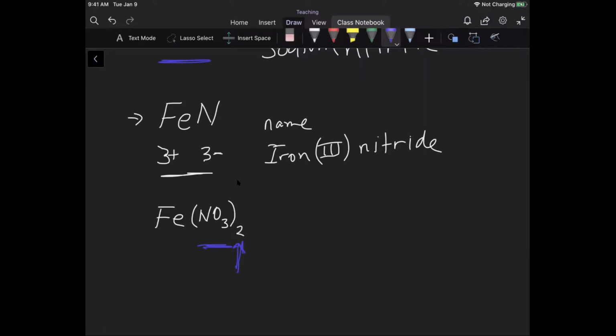So that means -2 is being brought by the anion. So if that's -2, that means our iron has to be +2. Okay, so when we're going to name it, we're going to call it iron. We give the charge in the parentheses, 2, and then we say nitrate.